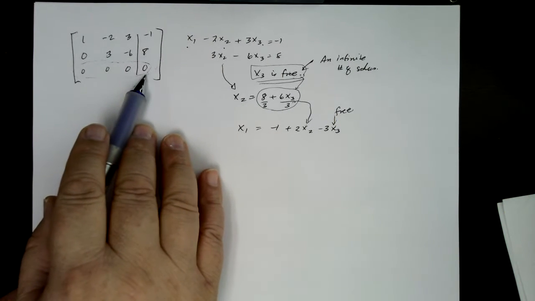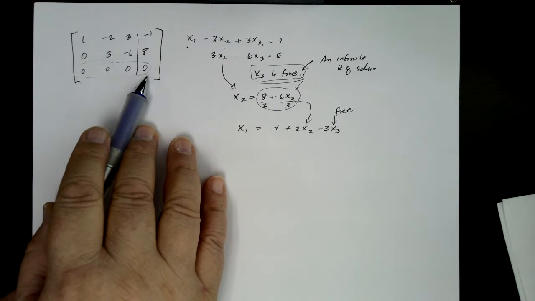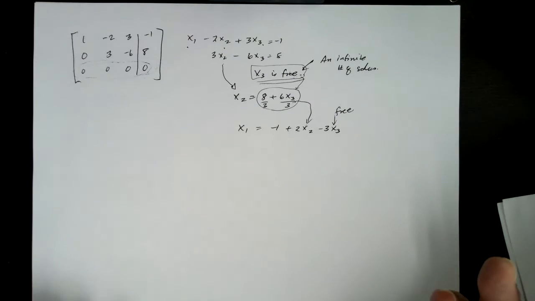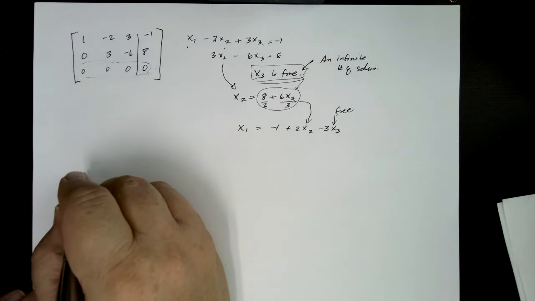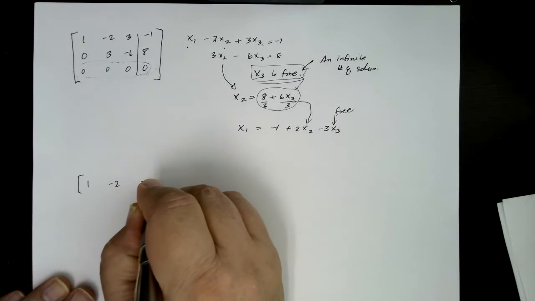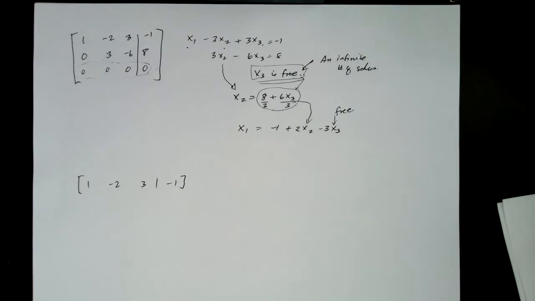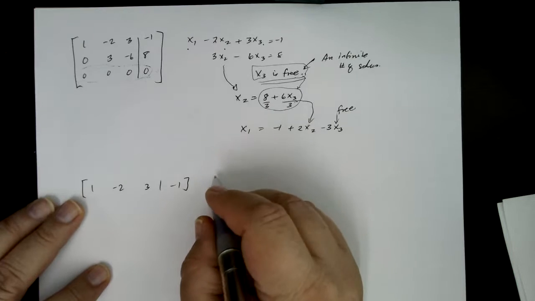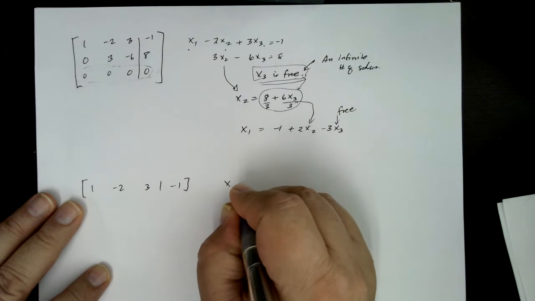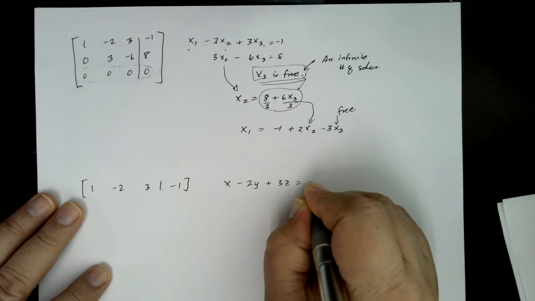Now a row of zeros is not necessarily necessary for this to happen. So just as an easy example, what happens if we just had the matrix 1, minus 2, 3, minus 1? Well, in that case, this just corresponds to the plane, right? x minus 2y plus 3z equals minus 1.